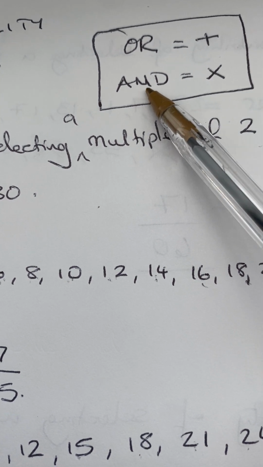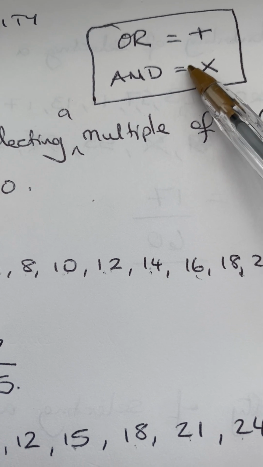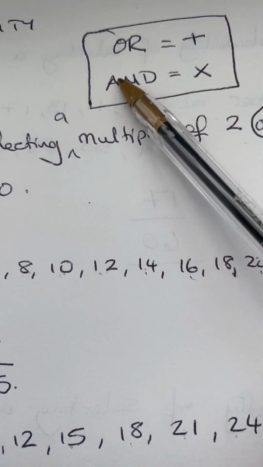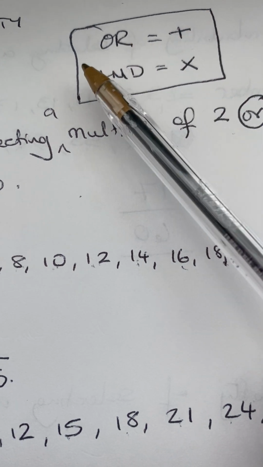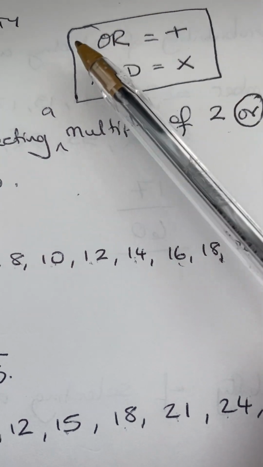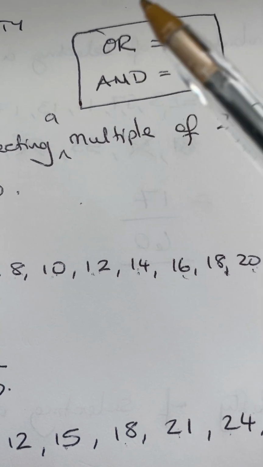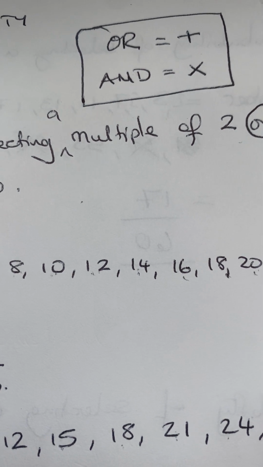If you see and, you should be thinking about times. But today's questions do not directly involve that. That's why I've put it in a square box, but I will explain it further in subsequent lessons when we are answering questions.